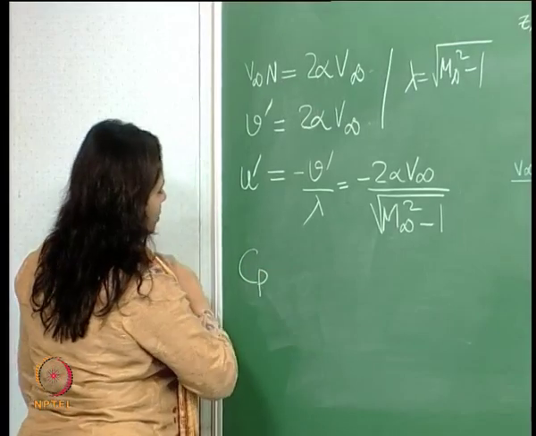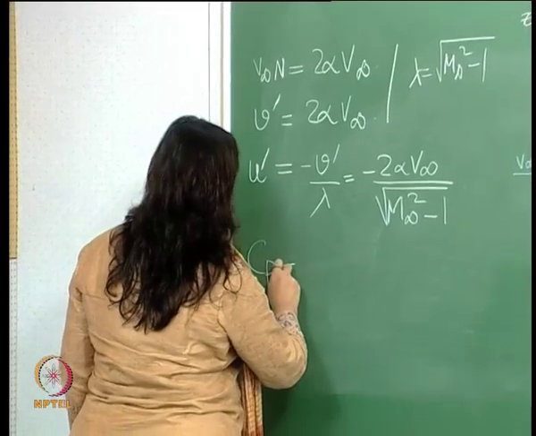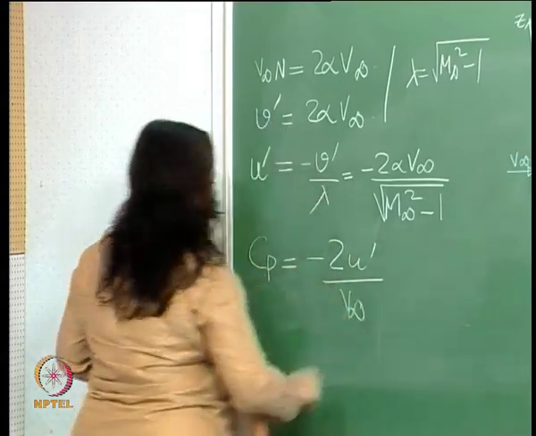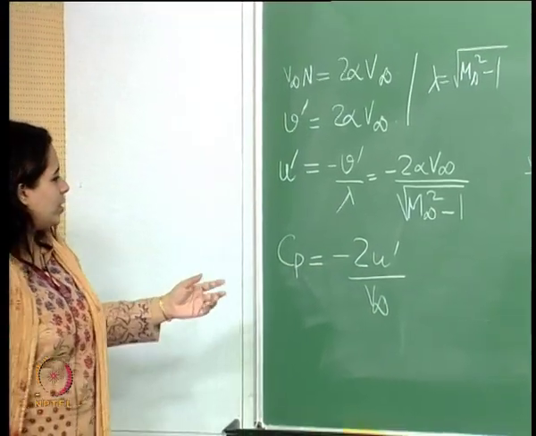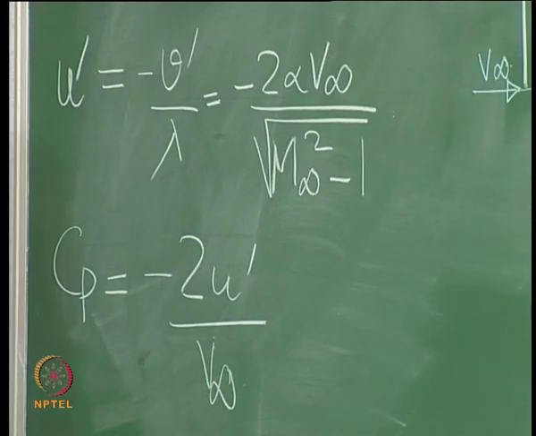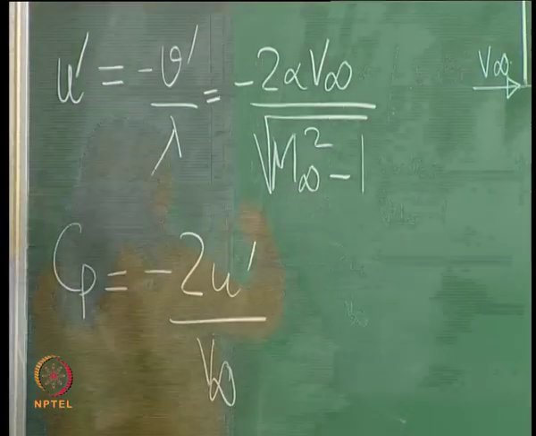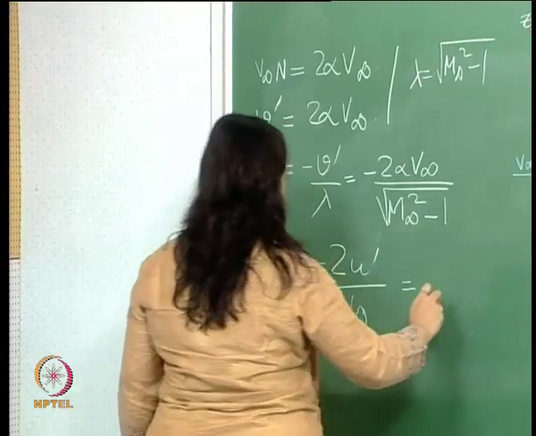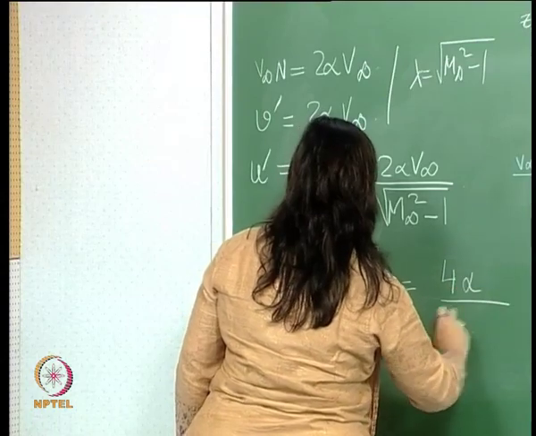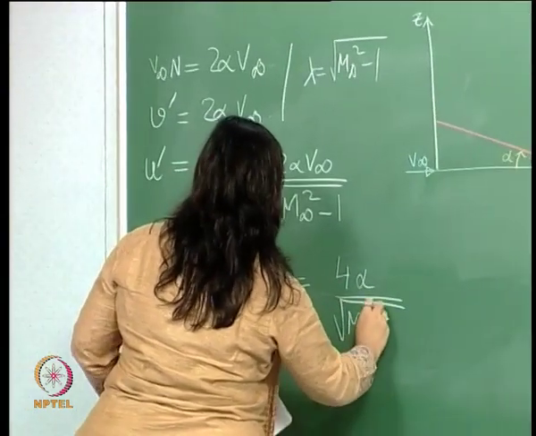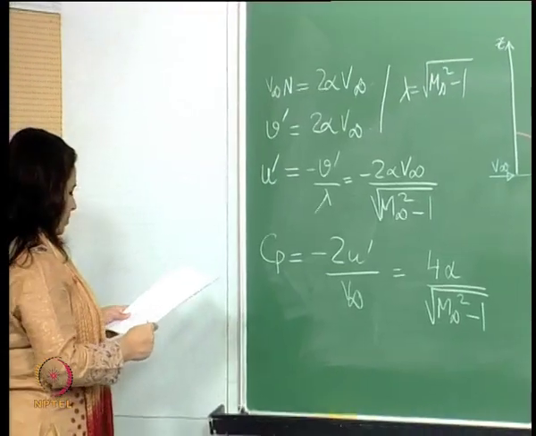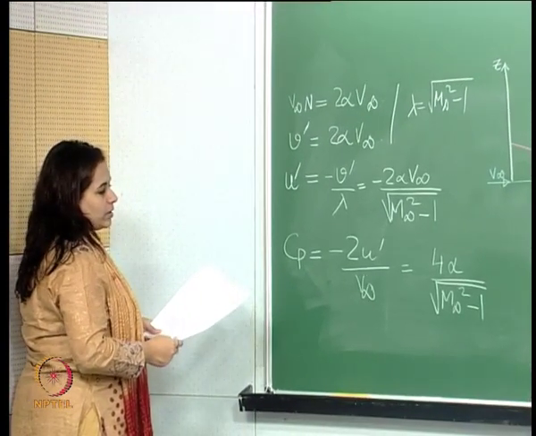So, we get the coefficient of pressure, which is this. This is something we have done using perturbation theory. We have done this so many times, right. So, if I do this, from here this becomes 4 alpha by this.